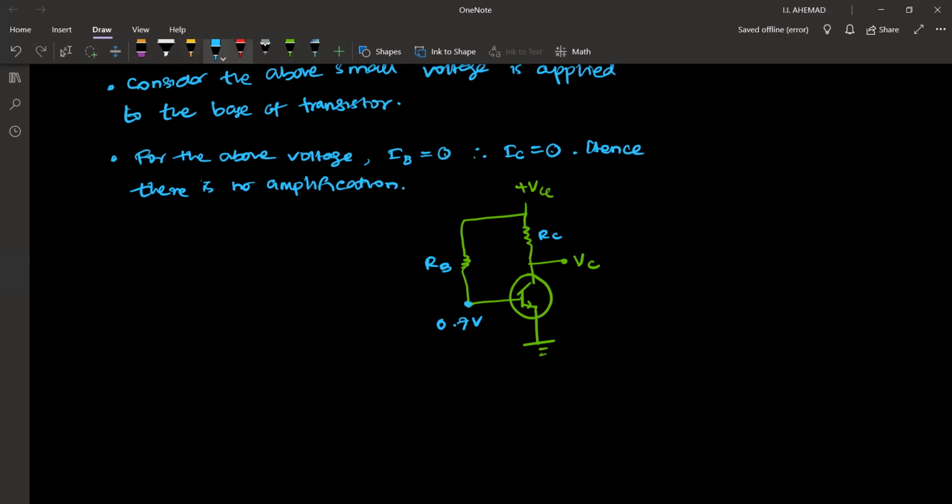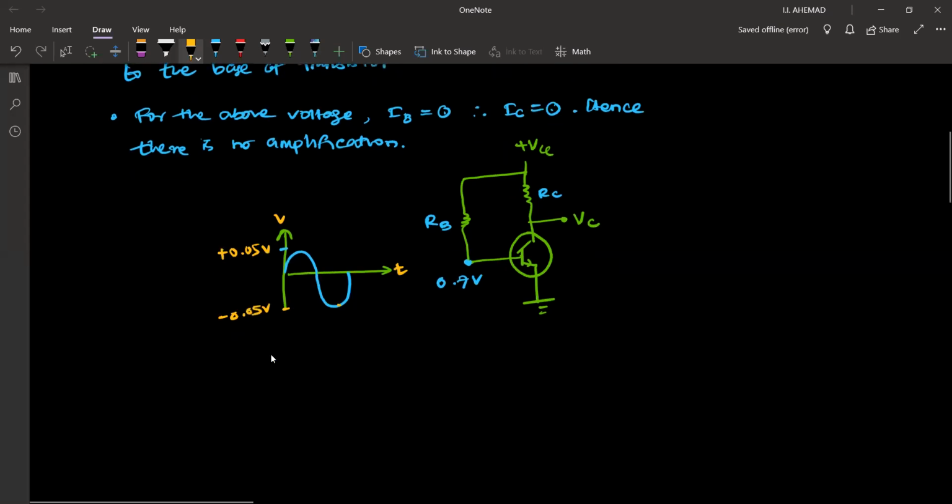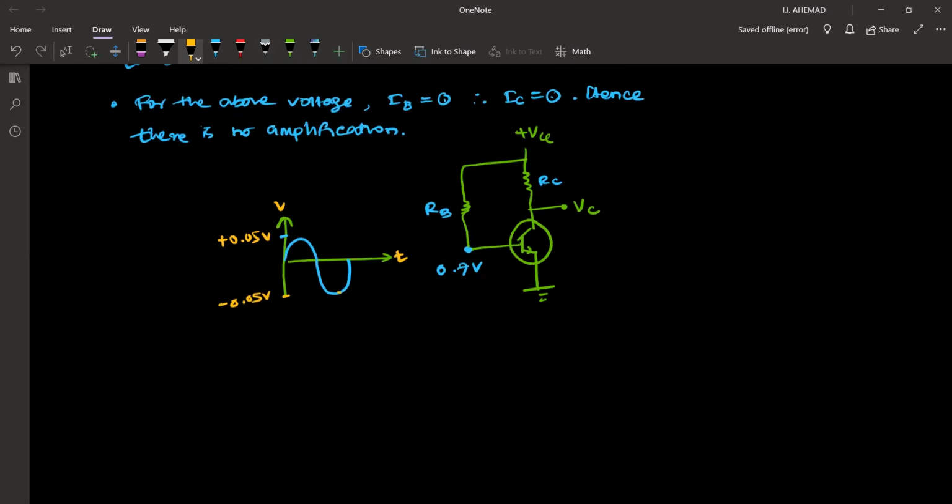Now, when I apply a signal, the same signal that we applied previously, plus 0.05 and minus 0.05, to this point, what will happen to the voltage?